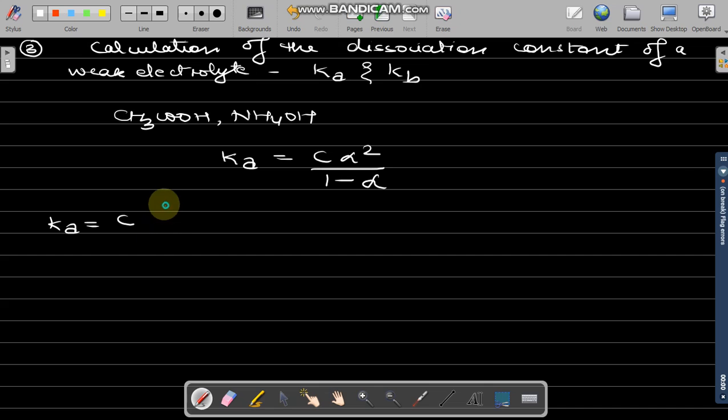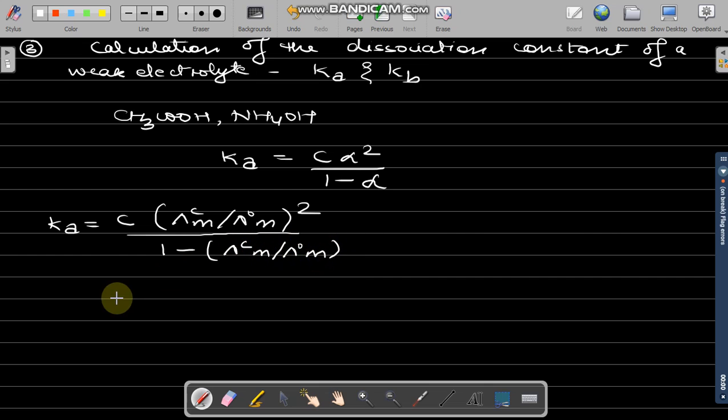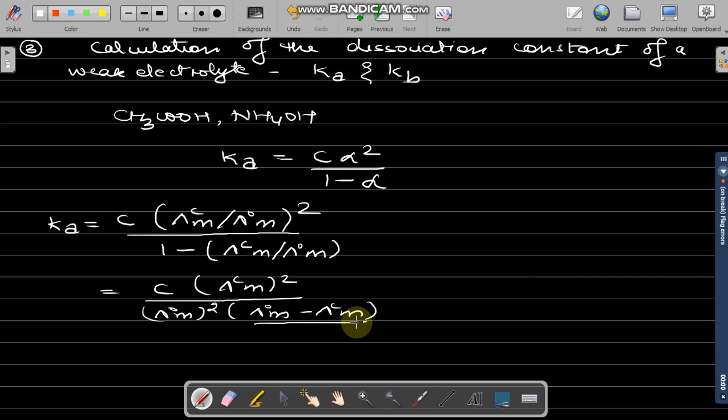C times the square of the molar conductivity divided by the square of the infinite dilution molar conductivity, and so on. This is going to cancel with this square.